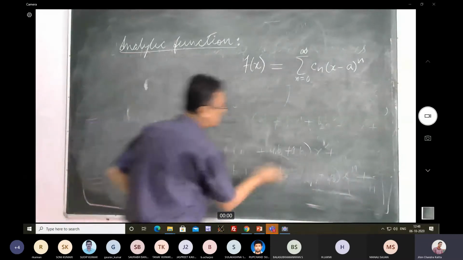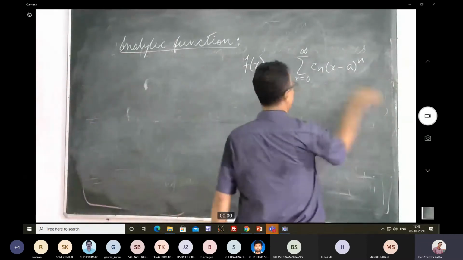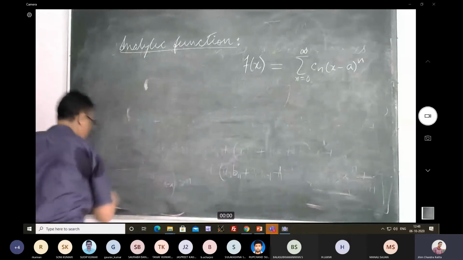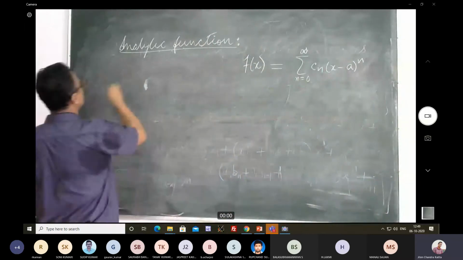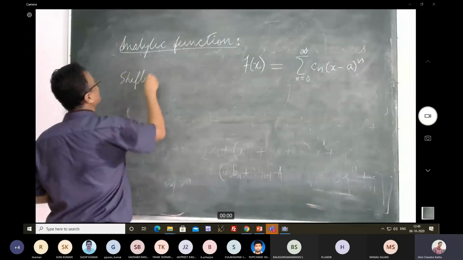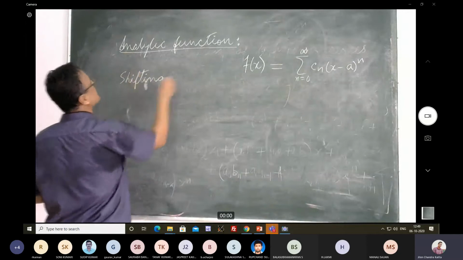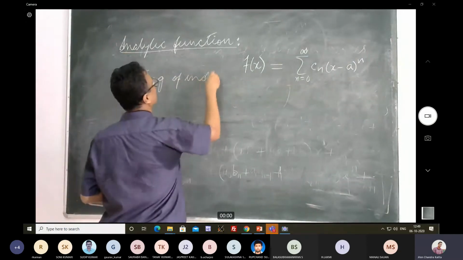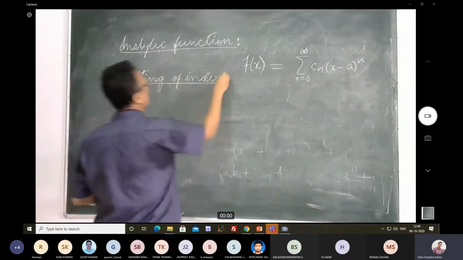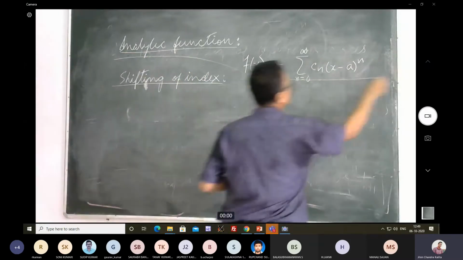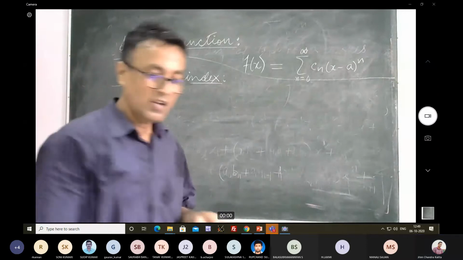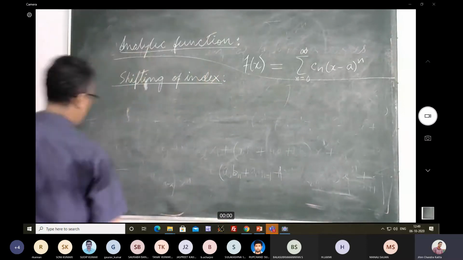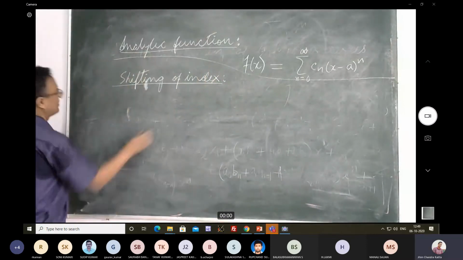Now another important manipulation I'm going to talk about is nothing but the shifting of the index. Please be attentive. This is very important, and I have seen many students simply try to memorize something about this addition of power series, and then later on they fumble.